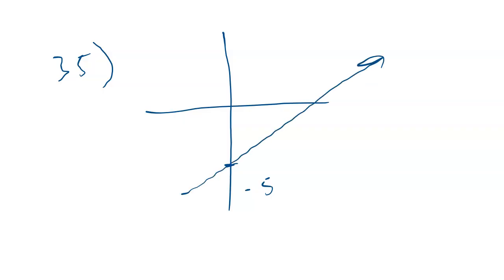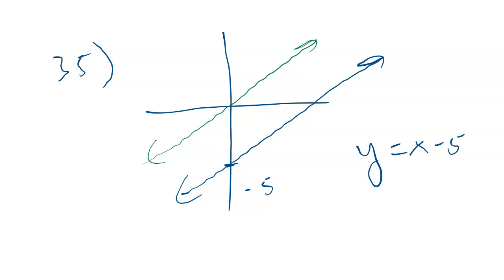I think this is -5. And if I had to guess, its parent function would be y equals x. And so it's y equals x minus 5. It's been shifted down 5 units.